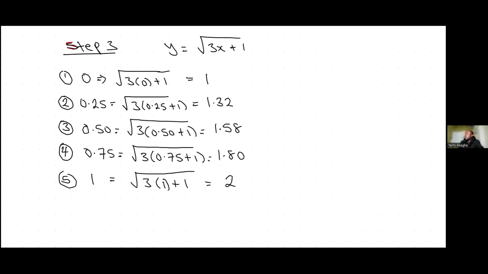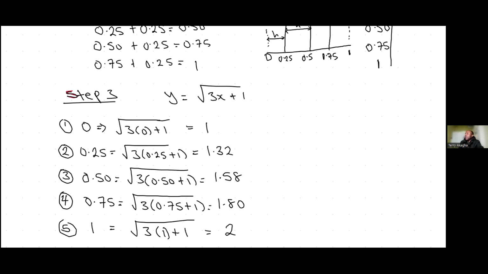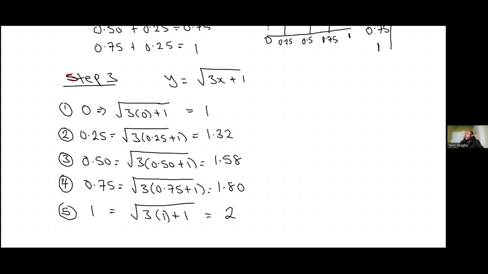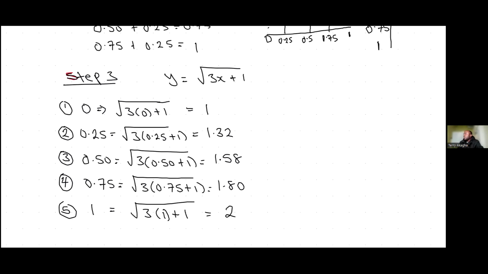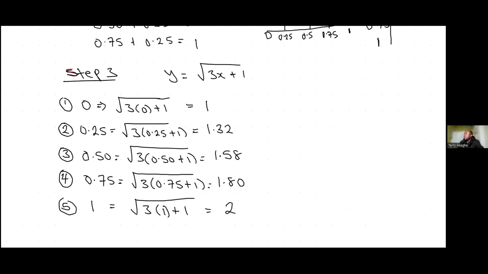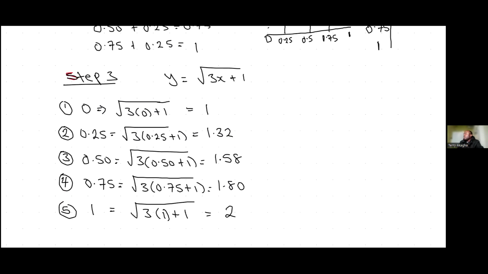So now we can complete the table we had before. We had this table on x, so we're going to add the y values now, because now we do have the y values.